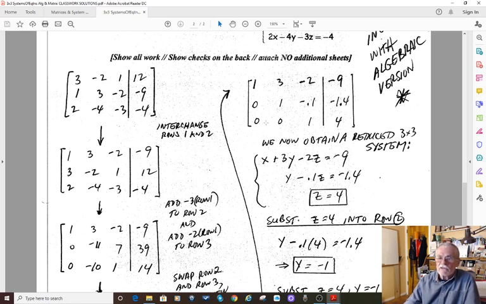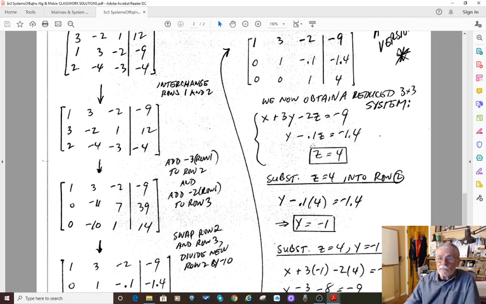And the beauty of this is, look at the last row, z equals 4. So now I'm pretty much back in the world where I want to be. I've got z equals 4, and I start by moving up and substituting just the way I did before. So once you get to this row echelon form, you're going to get z equals some number. All right, then you just sub back in and you're done. All right, so we sub back in.